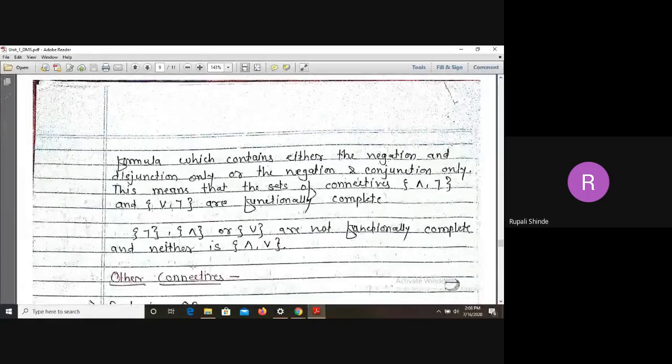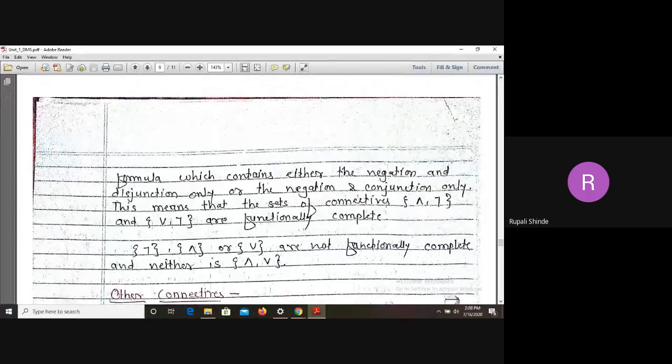So here we can say that using these two sets, that is first set is and, negation, second set is or, negation, we can convert any formula into its equivalent formula. That's why these two sets are called functionally complete set of connectives. So keep in your mind that only these two sets are functionally complete set of connectives.